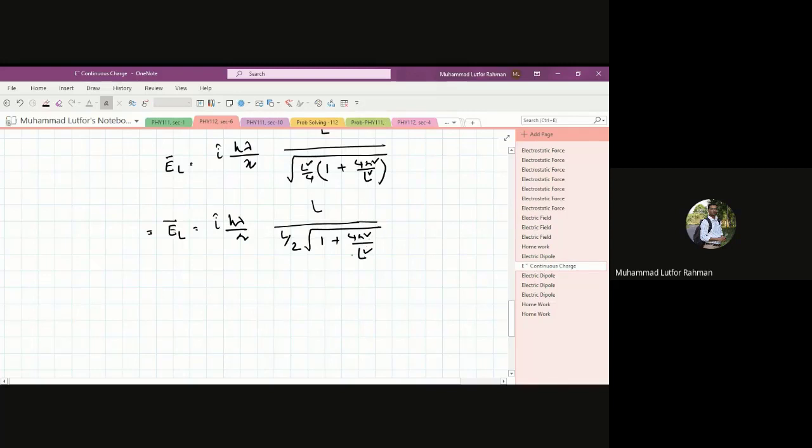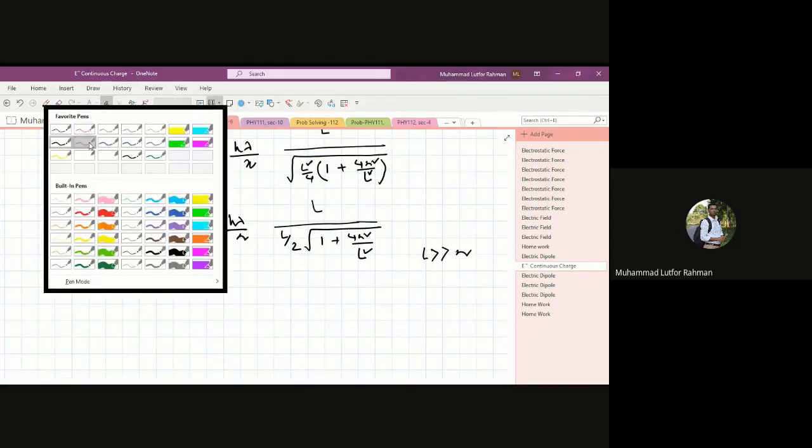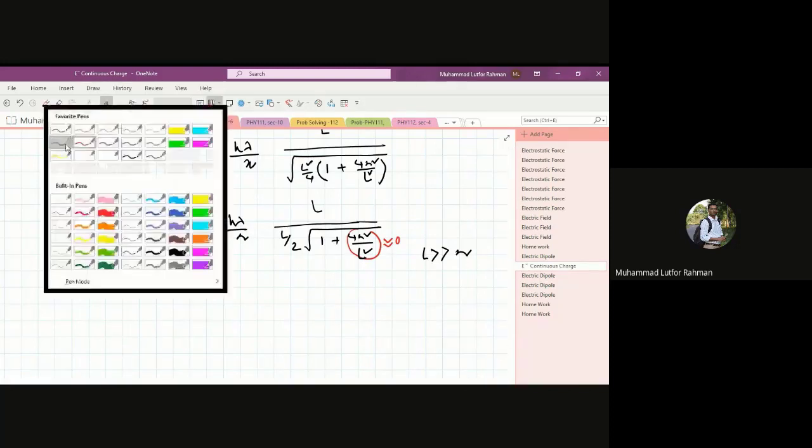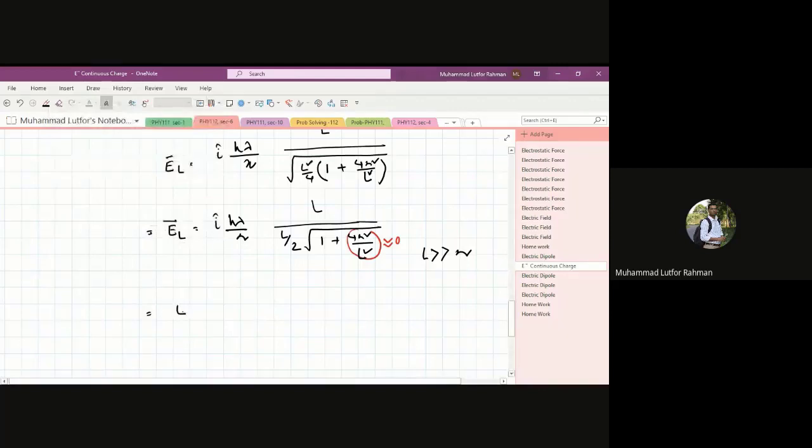Since L is much greater than x, this term we can neglect because it would be close to 0, right? 4x square divided by L square, because L is much higher than x. So that's why we can write this E_L would be i k lambda by x. This L will be cancelled out. I'll find 2. That should be that 1, right?